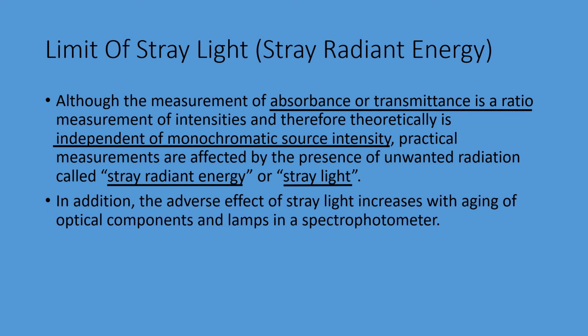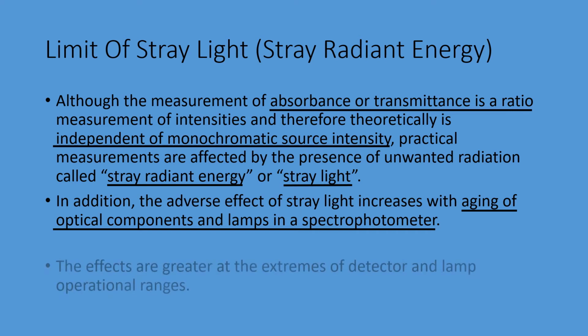In addition, the adverse effect of stray light increases with aging of optical components and lamps in the spectrophotometer. The impact could be significant if the aging of optical components increases.